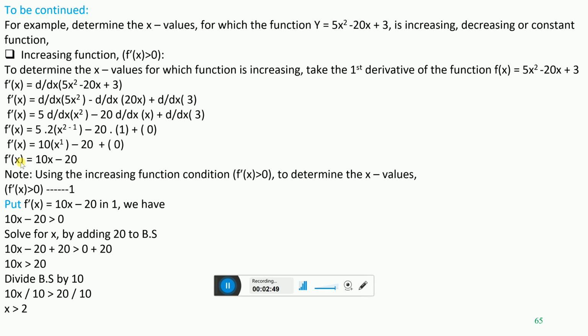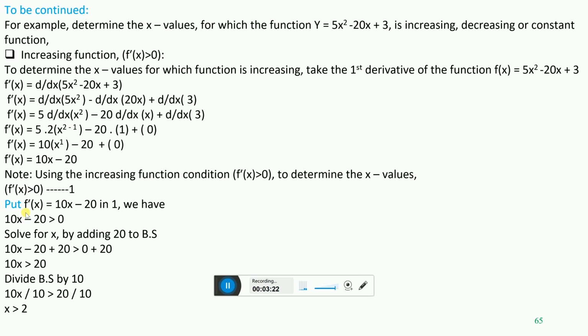Now we have the first derivative f prime of x is equal to 10x minus 20. So this is f prime of x greater than 0, and this is the value of f prime of x, 10x minus 20. To find x values, I will substitute this value of f prime of x into condition number 1.